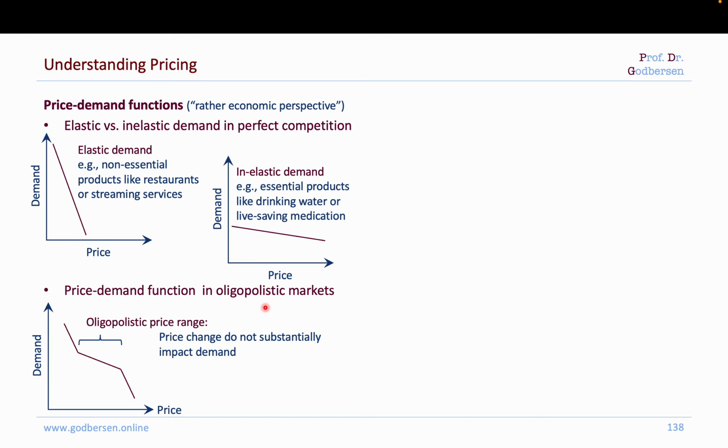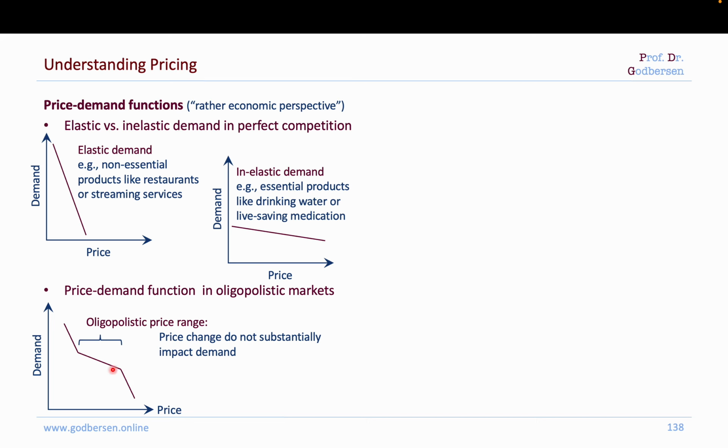Normally, you will not find this price, but that's not too important. As you see here, the typical oligopolistic price demand function: with a very low price, the demand reacts very sharply, or with a very high price.